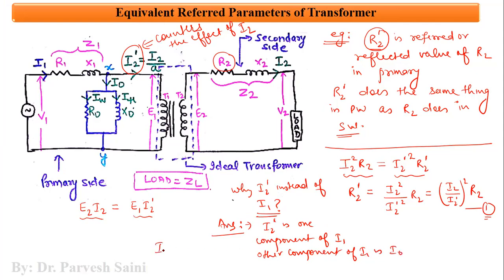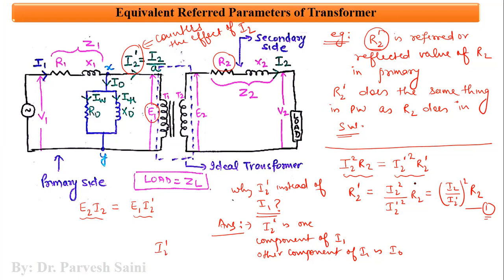Now I2 dash is assumed to be flowing in the winding, keeping the strength of E1 equal, countering the effect of I2, right? So it is performing all those necessary functions in the primary winding, which are required to be done by I1. So it is nothing but I1.